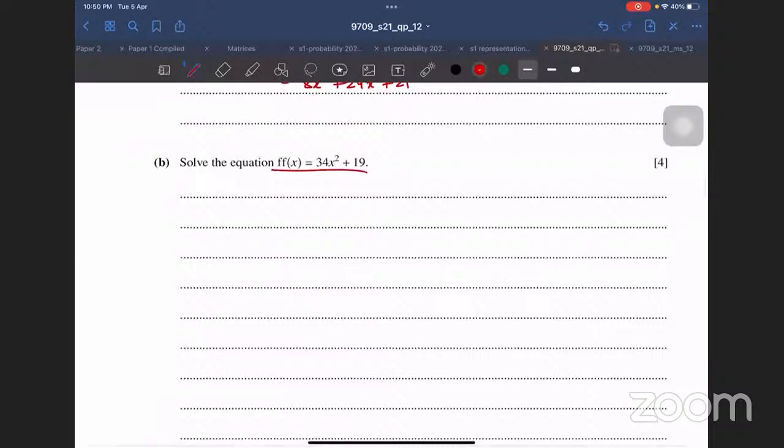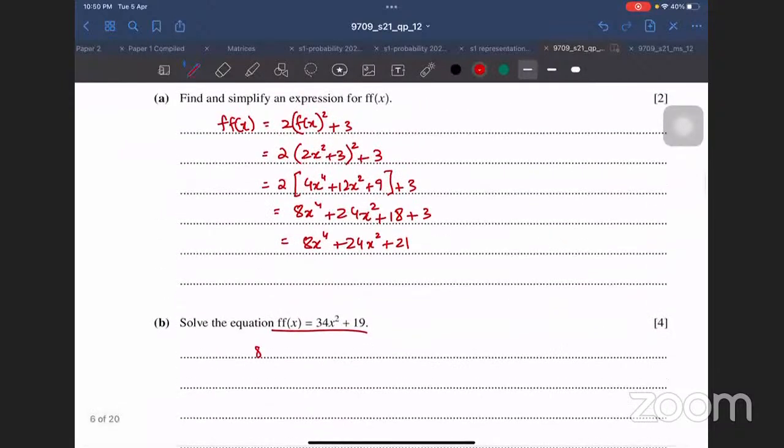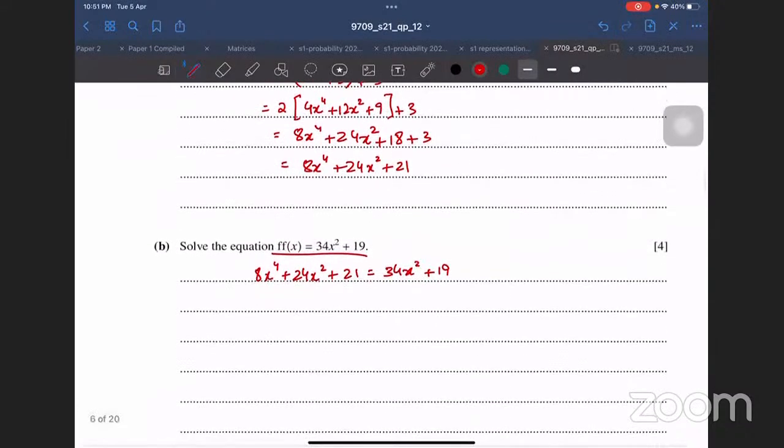Then says solve this equation. F of x, yani 8x power 4, 24x square plus 21 should equal 34x square plus 19. Okay, so this looks like a question on disguised quadratic equations.